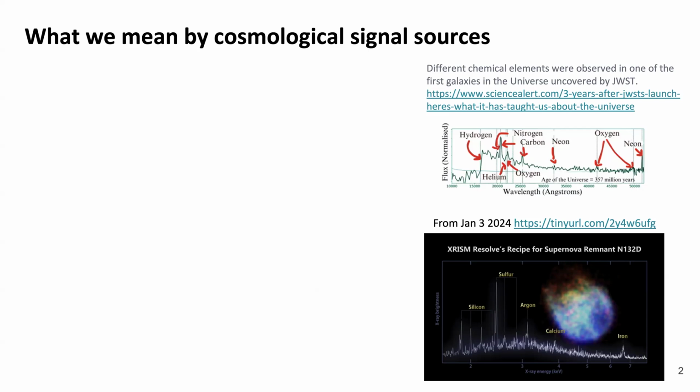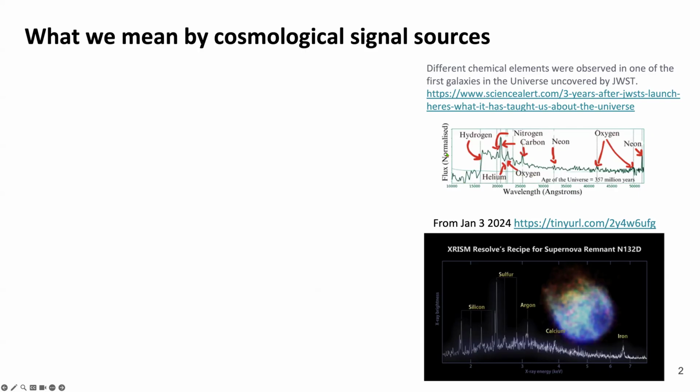But we also want to do science. And the way we do science is look at spectra. Here's an example of spectra from JWST, finding atomic elements just like the ones that are here on planet Earth. And these are in the visible wavelengths from about right here outward.